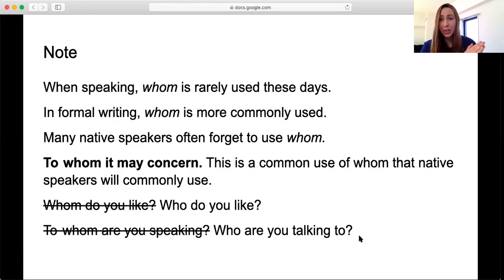But it's important to know, especially if you want to sound very formal in writing. And if you are taking a test, it might appear, whom or who. You might need to know the difference, how to use them. But just know that if you use who all the time, nobody is going to say that's not right, that sounds strange. It sounds very natural.